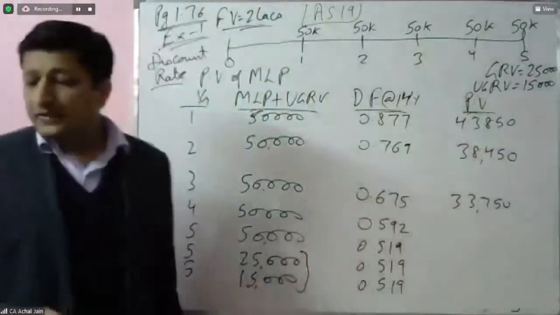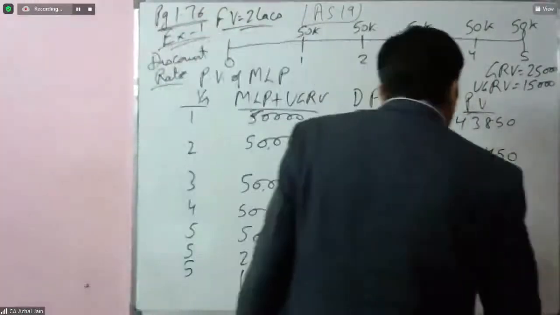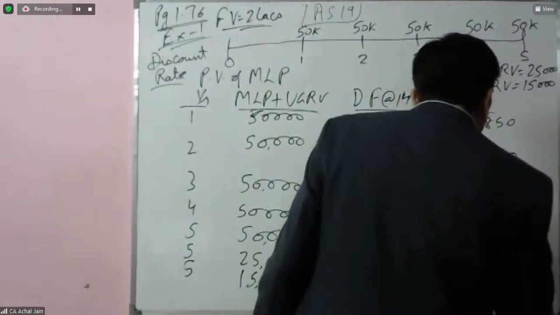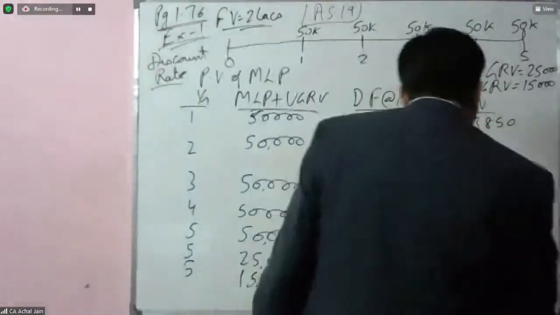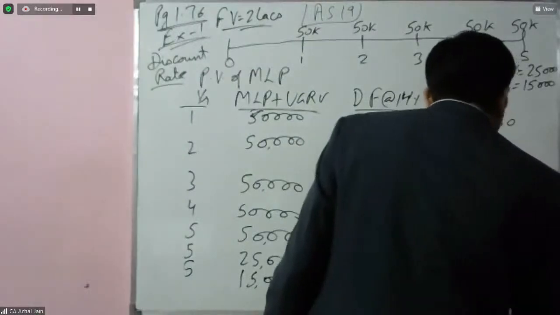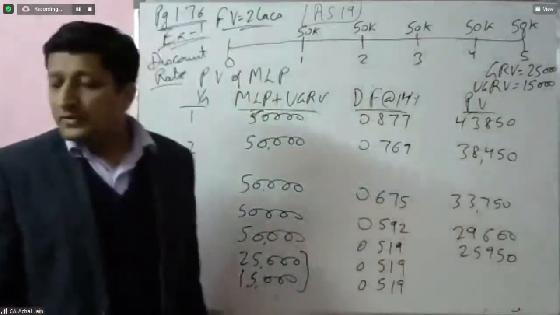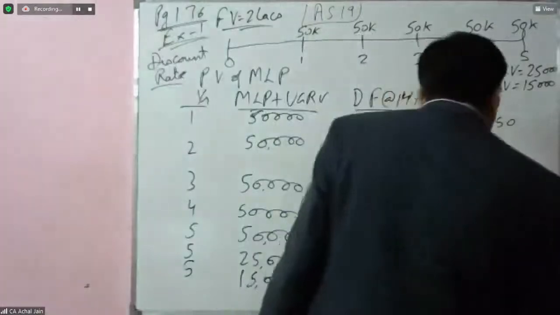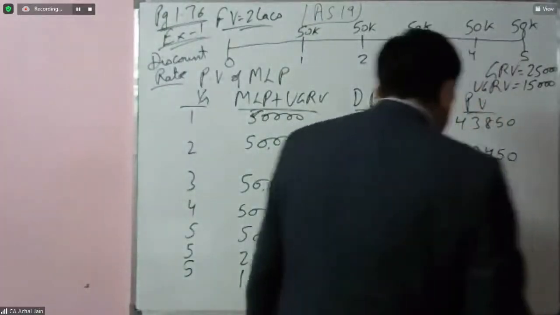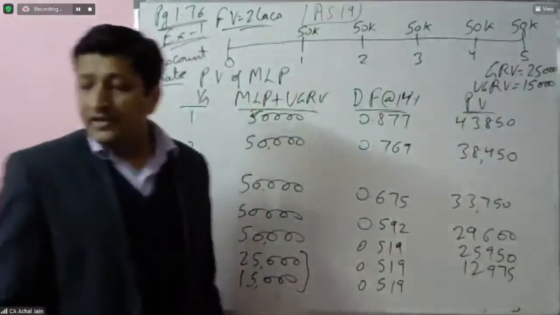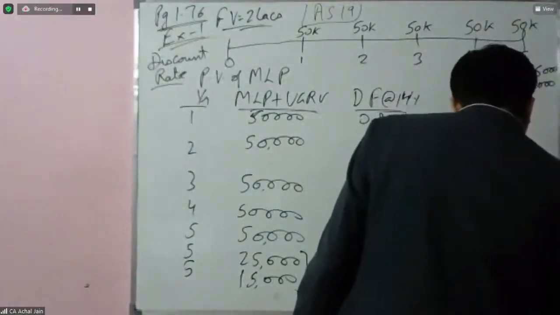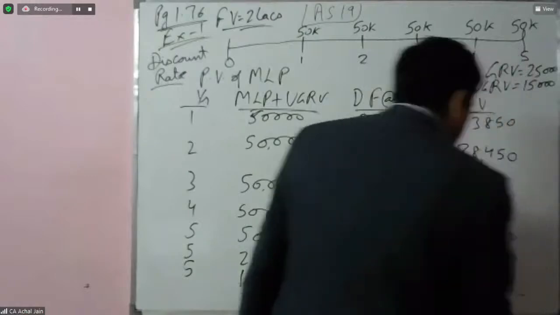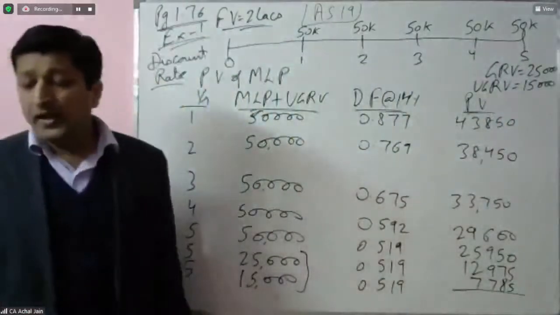Then we have 29,600. Then 25,950. Then 12,975. Then 7,785. And what's the total? Let's hope that we get 2 lakh.